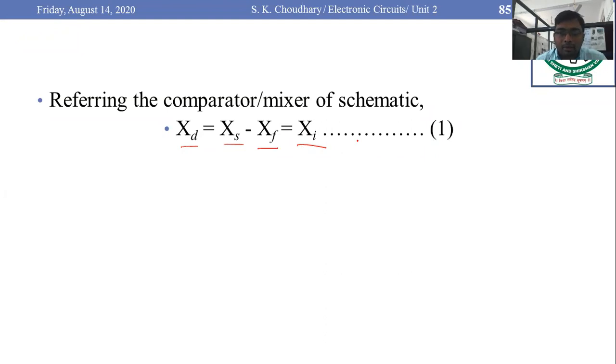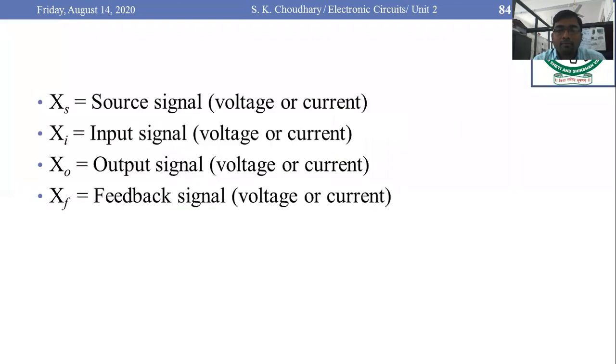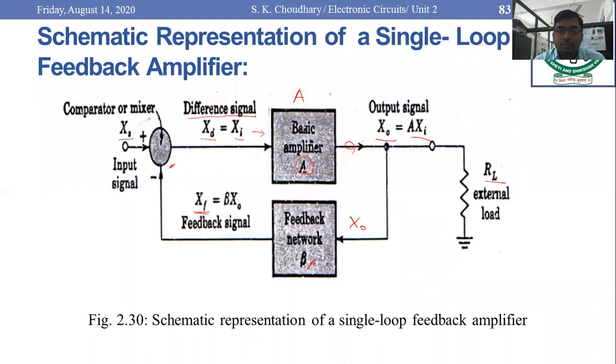This is equation number 1. If no one remembers, then please refer to the diagram again. Here we refer to this mixer network, and the output of the mixer network is the difference signal XD, that is equivalent to XS minus XF, and it is also equal to XI.